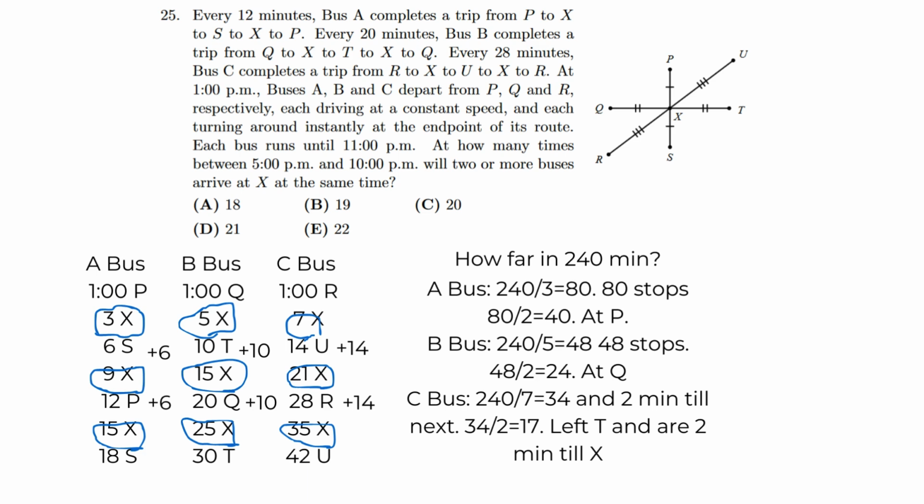Let's work through this. What we're looking for is when the buses are at X from 5 to 10 p.m. First, we need to figure out the pattern of these buses.